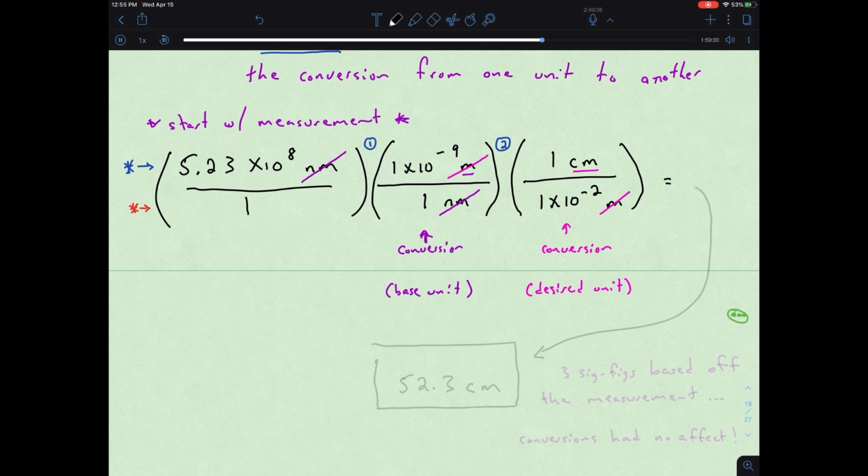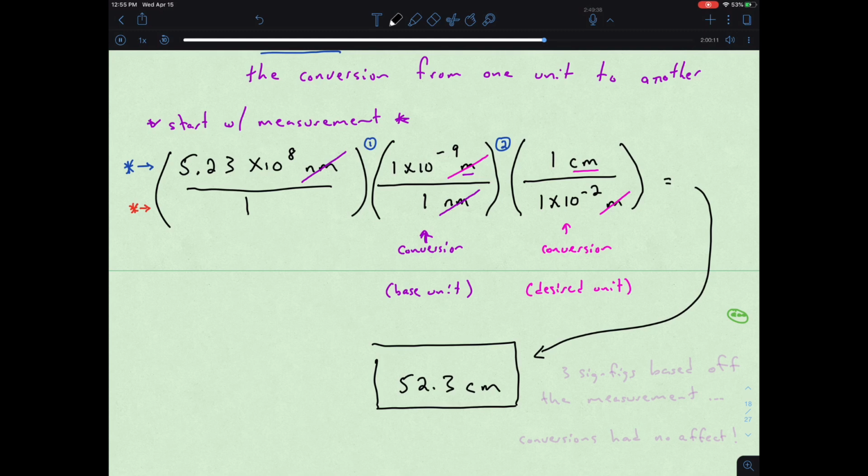And now we're at our answer here, where if we do that calculation, we would end up with a value of 52.3 centimeters. And so that is our final answer.